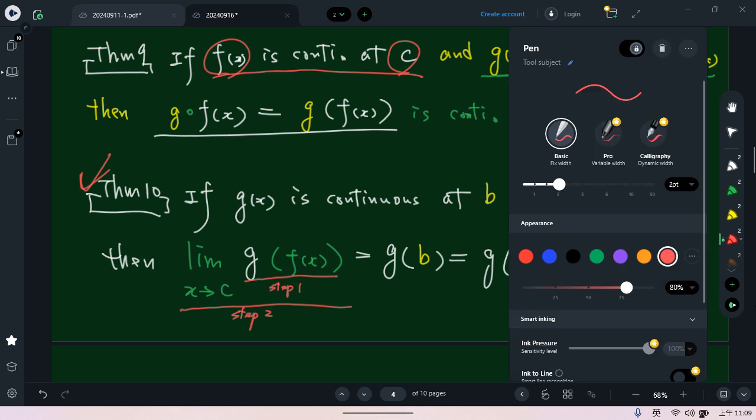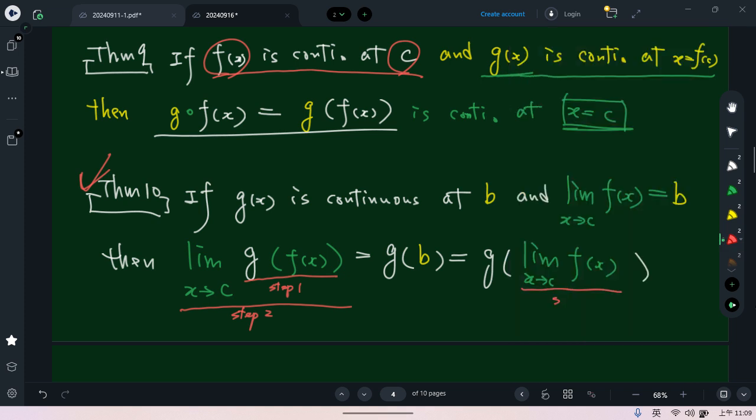Step one is taking the limit of f of x when x approaches c. Then step two, after you get the limit value, you use it as the input for g of x.